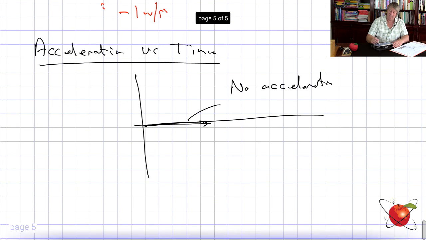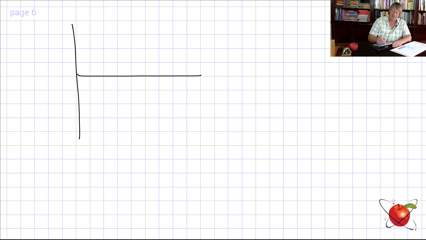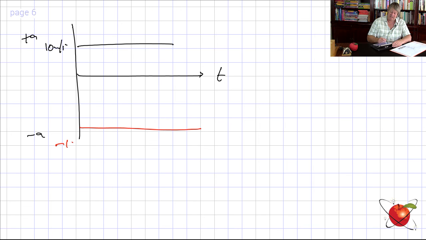The next one is going to be this guy here. One at there. Plus A, minus A. Once again, the value over here is 10 meters per second squared. And down at the bottom, red, minus 15 meters per second squared. Okay? What does it mean?